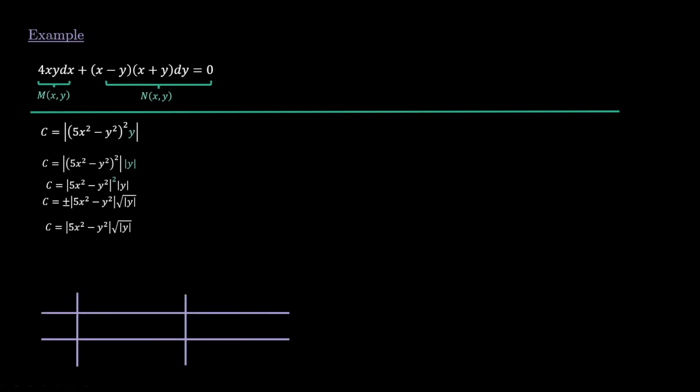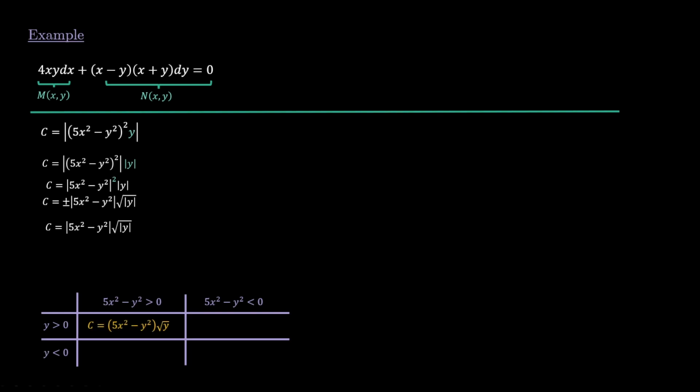So we generate our table of cases, where for the rows, we want to focus on this absolute value. So we have y greater than 0 and y less than 0. And for the columns, we want to focus on this absolute value. So we have 5x squared minus y greater than 0 and 5x squared minus y less than 0.